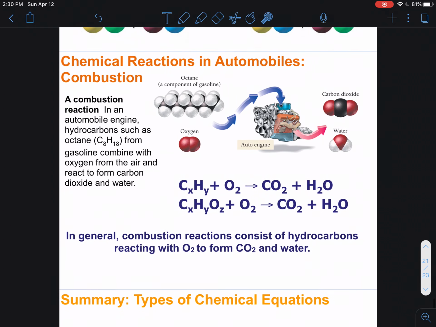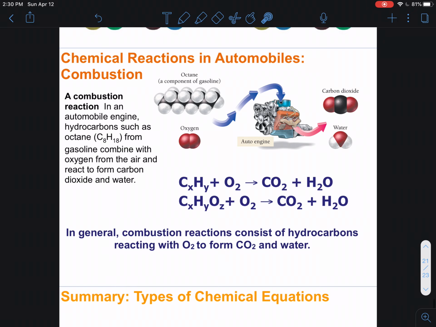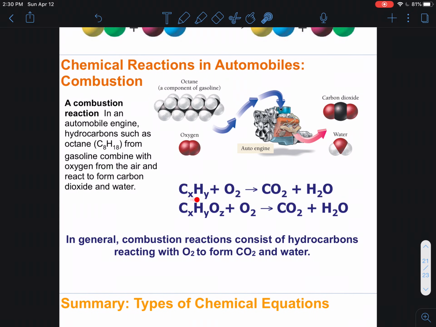And then finally, we have combustion reactions right here. Again, all I asked you to understand is that you're looking at a hydrocarbon. So this subscript X and subscript Y could be any integer, and so some type of hydrocarbon.